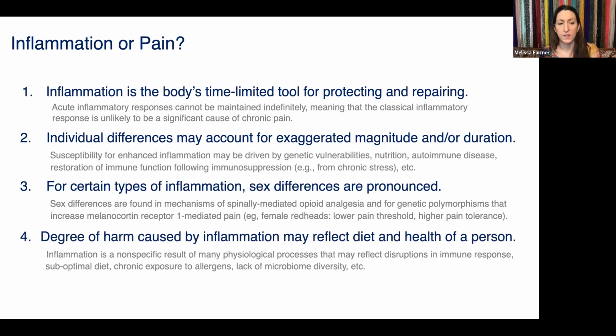And what I just discussed is at point 4, degree of harm caused by inflammation can reflect diet and general health. If you want to understand a bit more about the impact of stress and immune function on pain and inflammation, there's an old but wonderful book by Robert Sapolsky called Why Zebras Don't Get Ulcers.